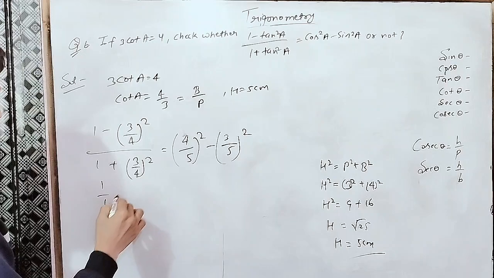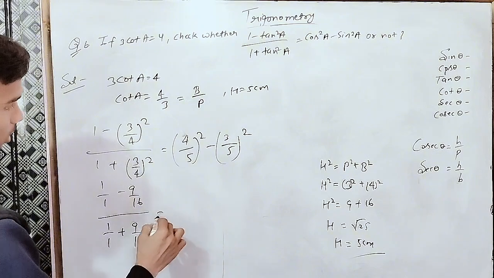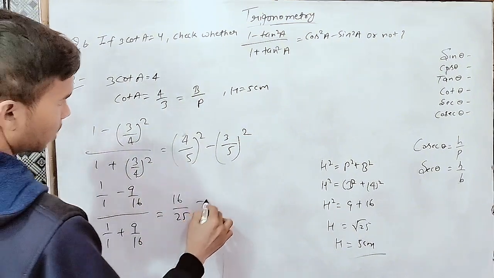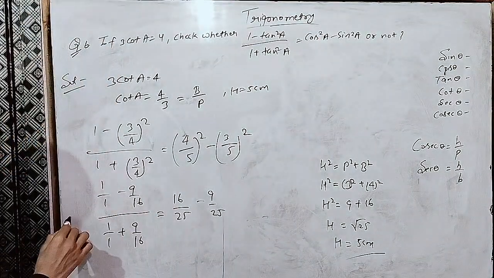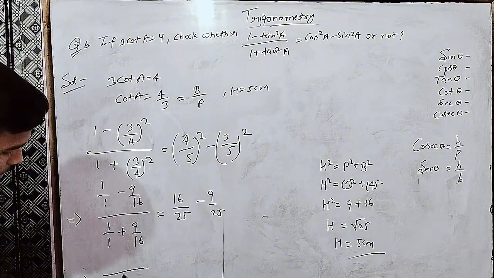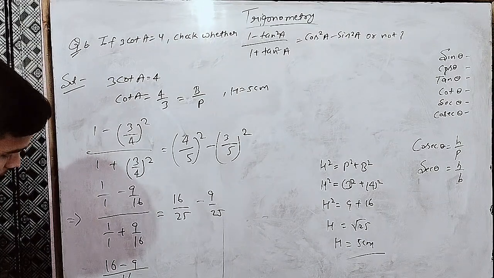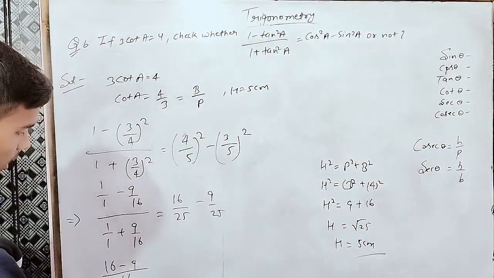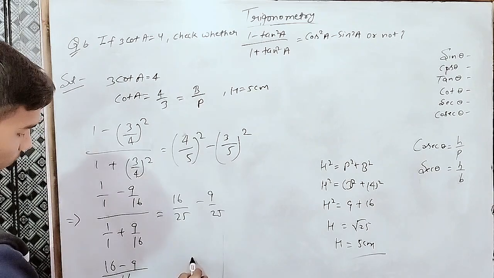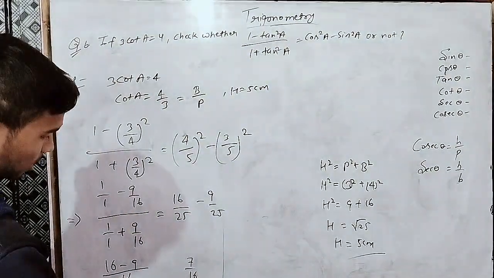1 by 1. 3 3 is 9, 4 4 is 16. Plus 3 3 is 9, 4 4 is 16, 5 5 is 25. 16 minus 9 is 7, so 7 by 16, and 16 plus 9 is 25, so 25 by 16.